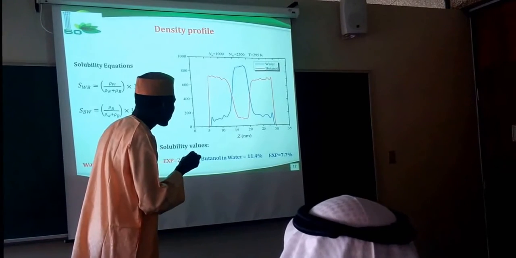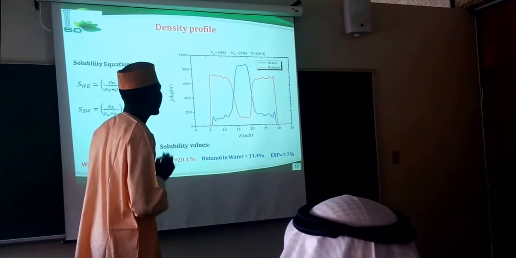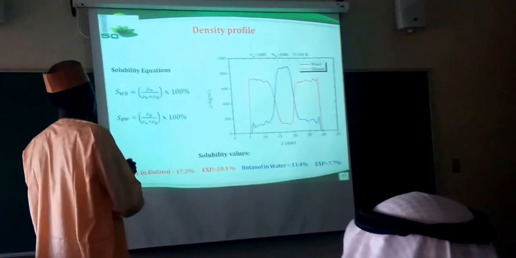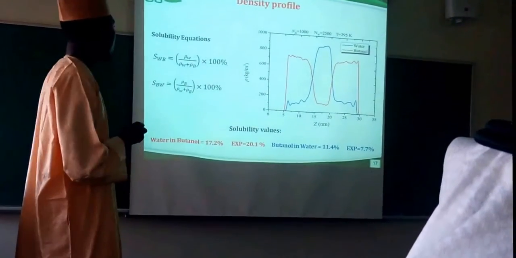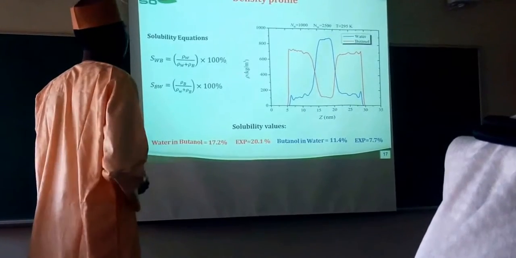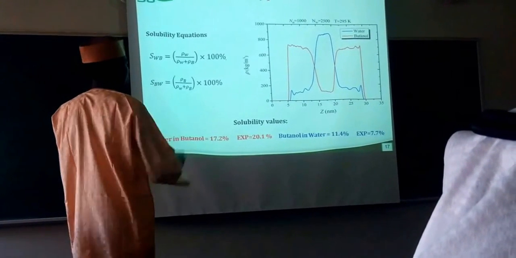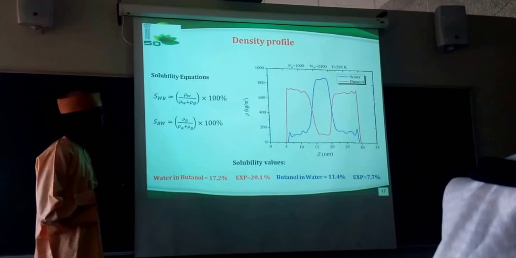We use these equations to calculate the solubility using the bulk density of the water and the butanol. We find the solubility of the water in butanol and the solubility of butanol in water using these two equations, as the case may be.